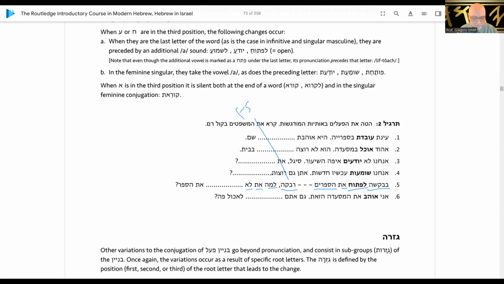Lama it lo. למה את לא? Okay, so Rivka, this is a question here. So Rivka, why are you not blank at hasefer? Okay, so basically it sounds like it's a teacher asking Rivka, why aren't you opening the book?